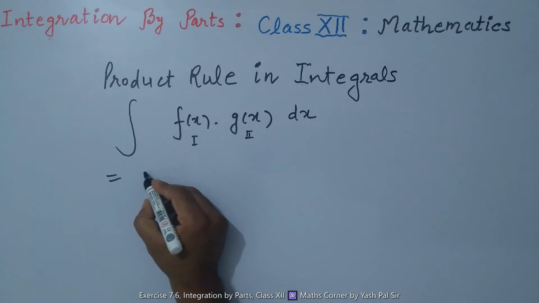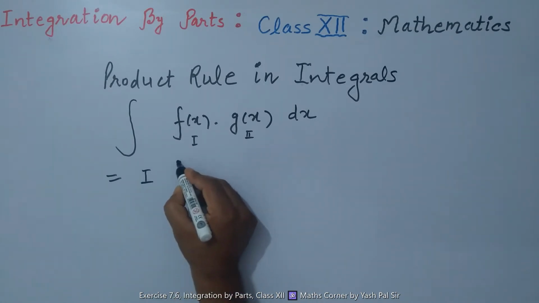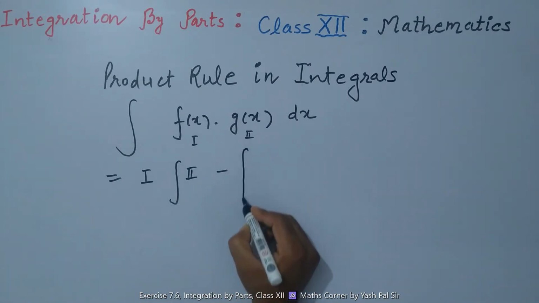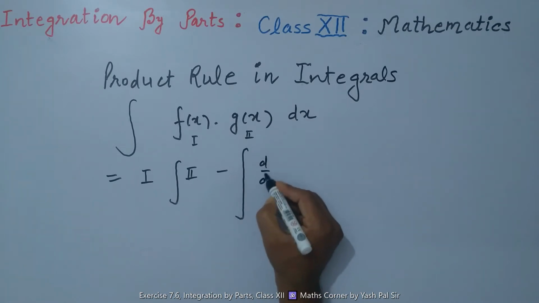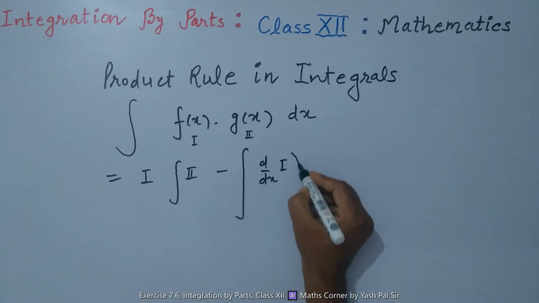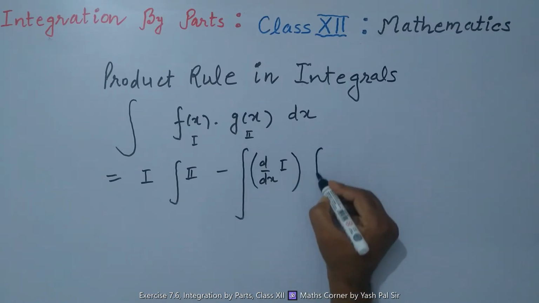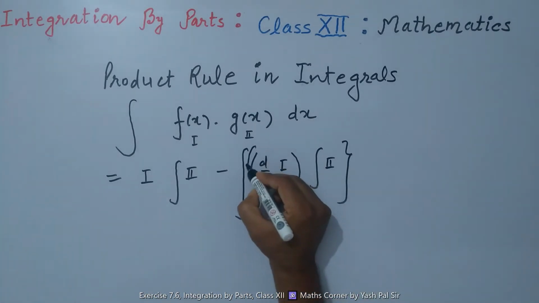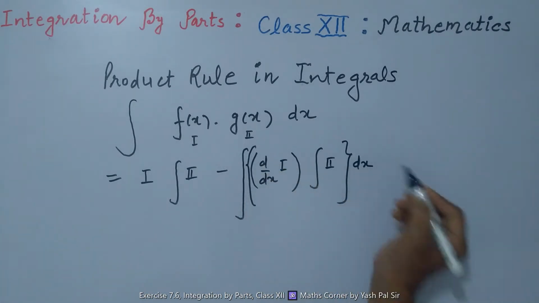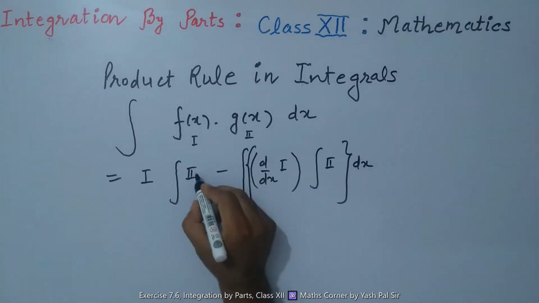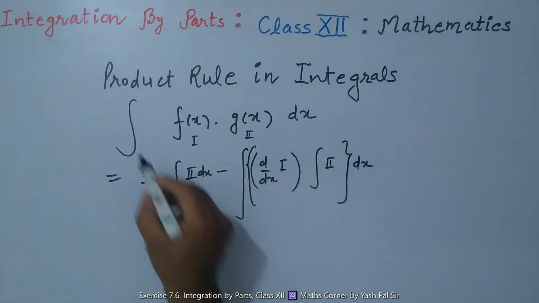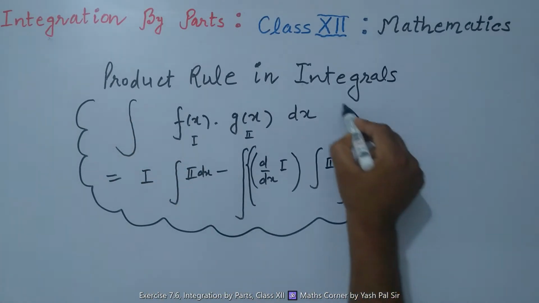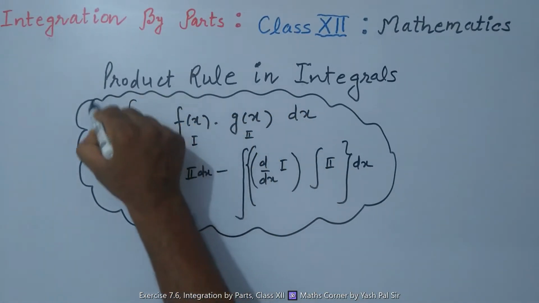The rule is: first function as it is, integration of second function, minus sign by default, integral of derivative of first function into integration of second function, and outside we shall have the integration sign dx.